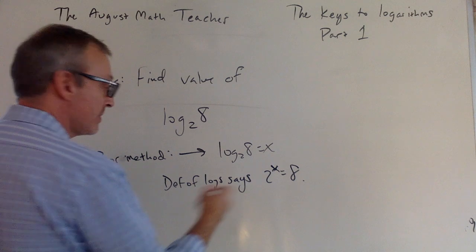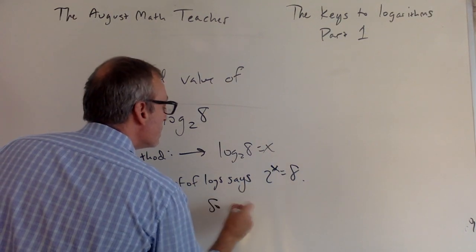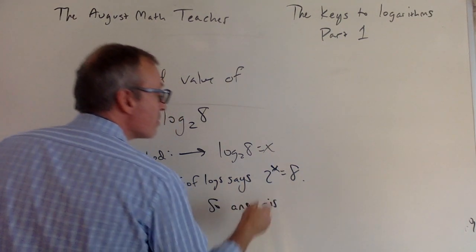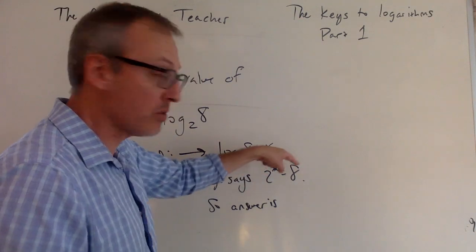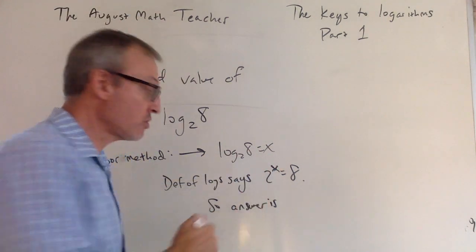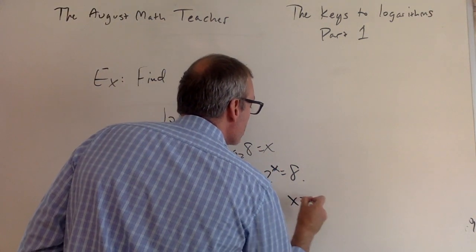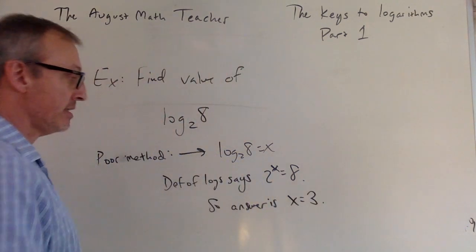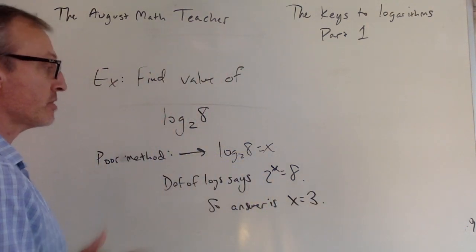And then the answer is, what's the exponent you raise 2 to in order to get 8? It's 3. 2 times 2 times 2 is going to get you 8. So the answer is 3.